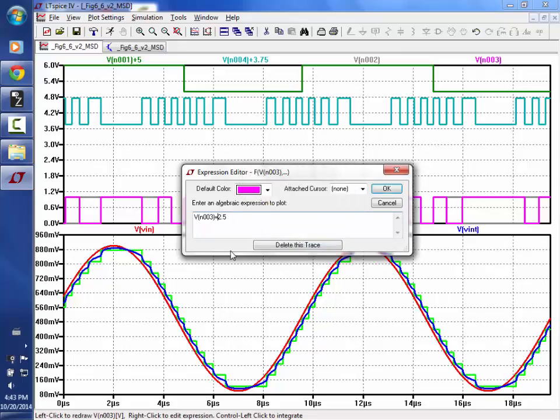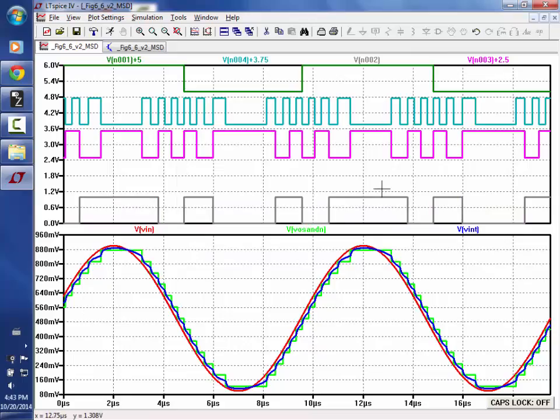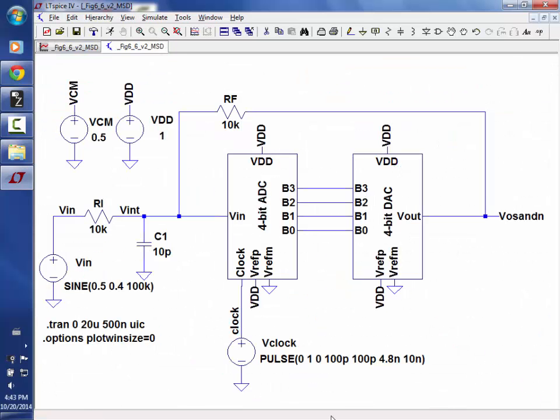Oops. Okay, it's high. The output goes high. And we need to stop. I don't understand that.